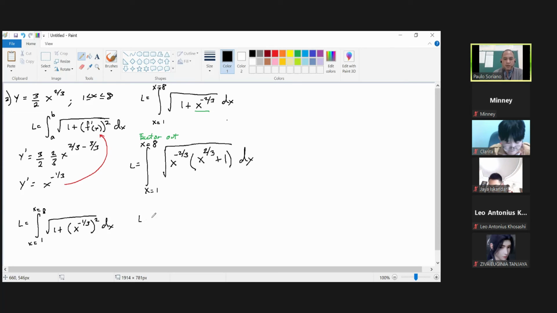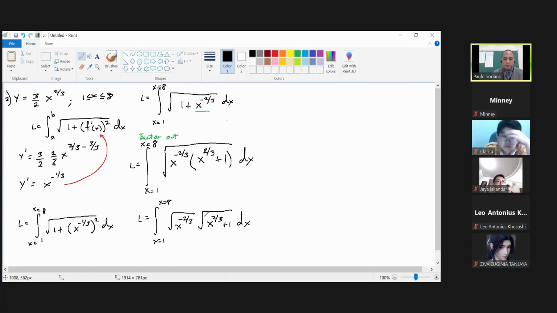We will now have L equal to the integral from x equal to 1 until x equal to 8 of what? Square root of x raised to negative 2/3 times the square root of x raised to 2/3 plus 1, and this is now in dx.